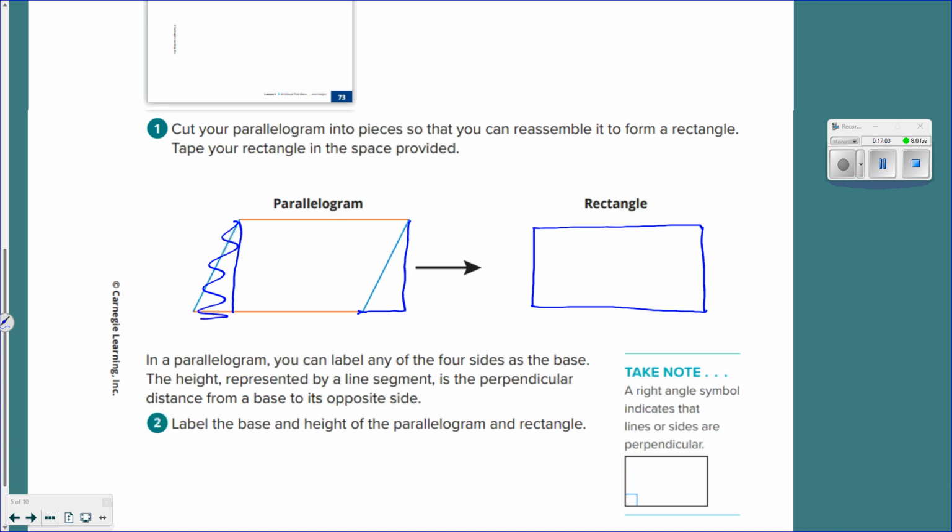All right, so who can tell me the formula for finding area of a rectangle or a parallelogram? Length times width, or somebody said height. What's the word that goes with height? Not width.